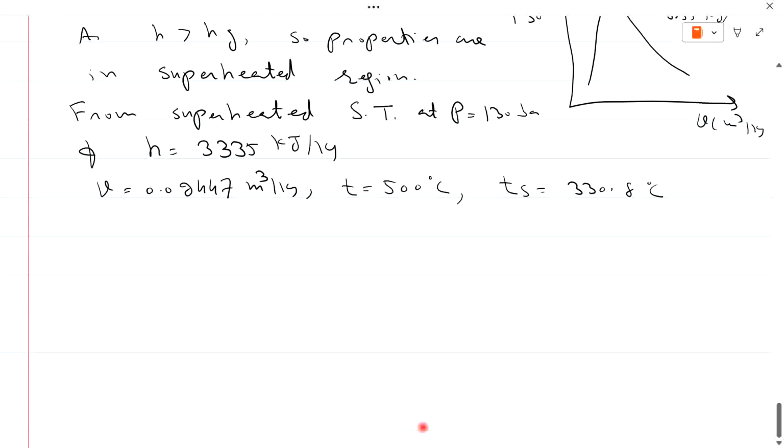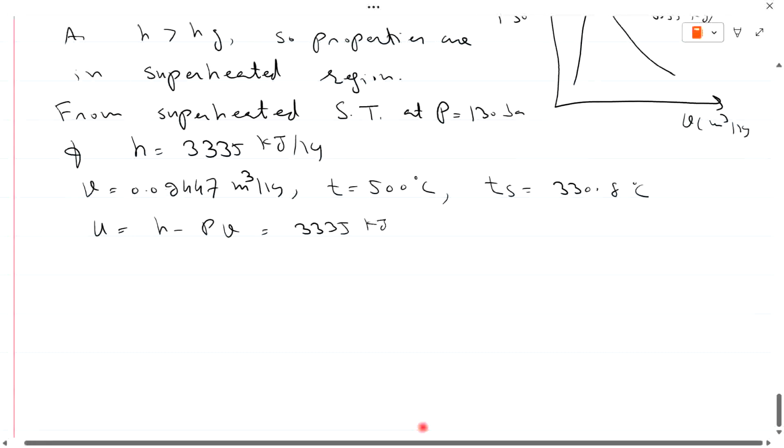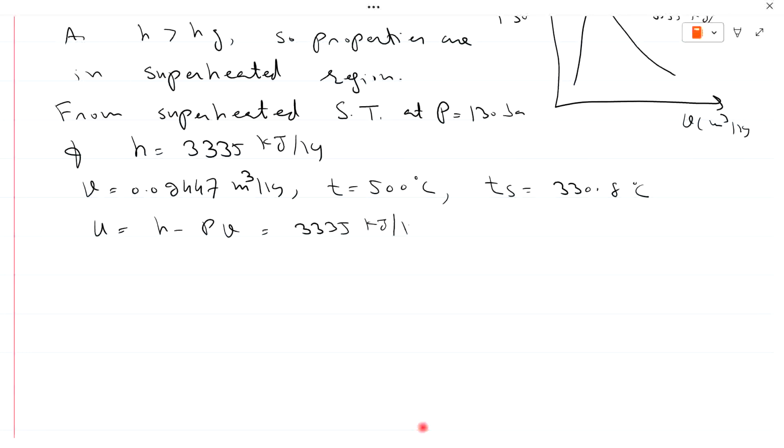Internal energy is not given, so for that we will use the formula U is equal to H minus PV. The value of H is 3335 kilojoule per kg minus PV. The value of pressure is 130 bar.